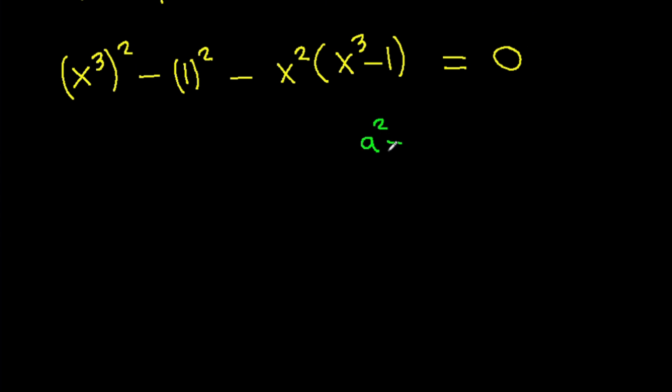a square minus b square is a plus b times a minus b.